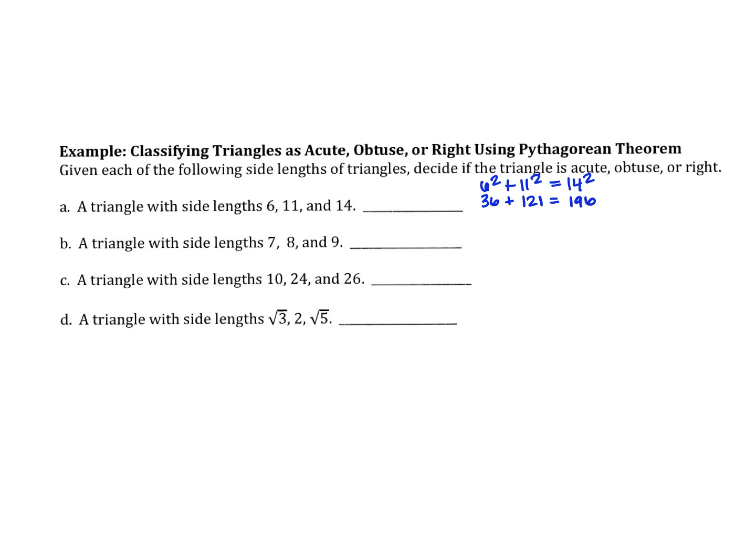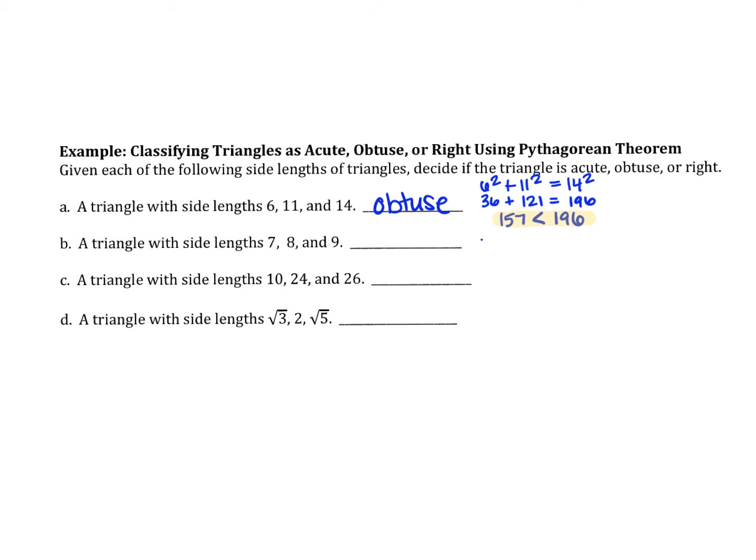And then 36 plus 121 is 157. And then 157 is less than 196. So because 157 is less than 196, we have an obtuse triangle.